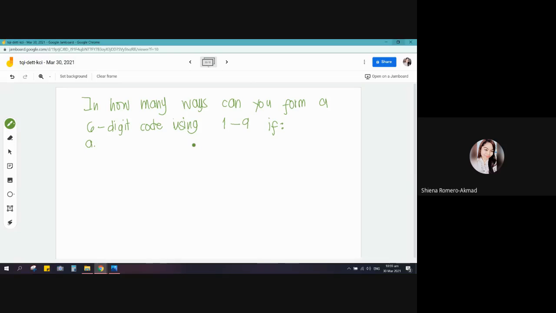A, the first digit is odd. B, and repetition is not allowed. Ulitin nga natin, wait lang.